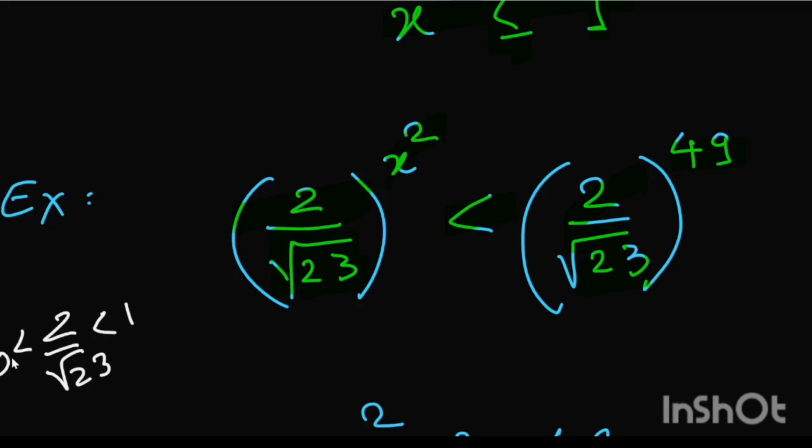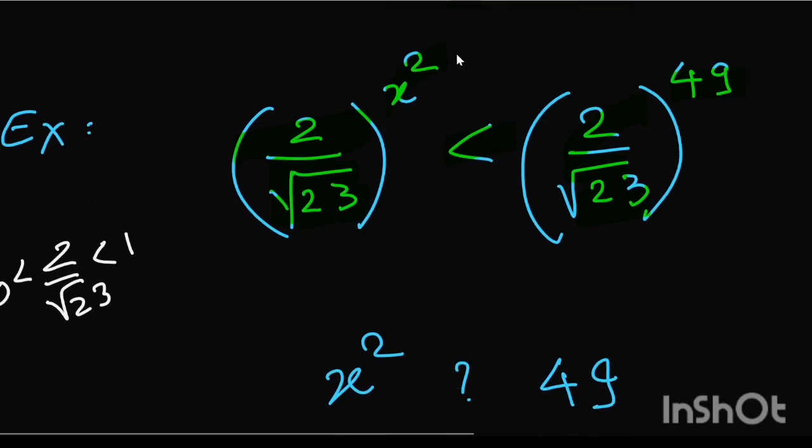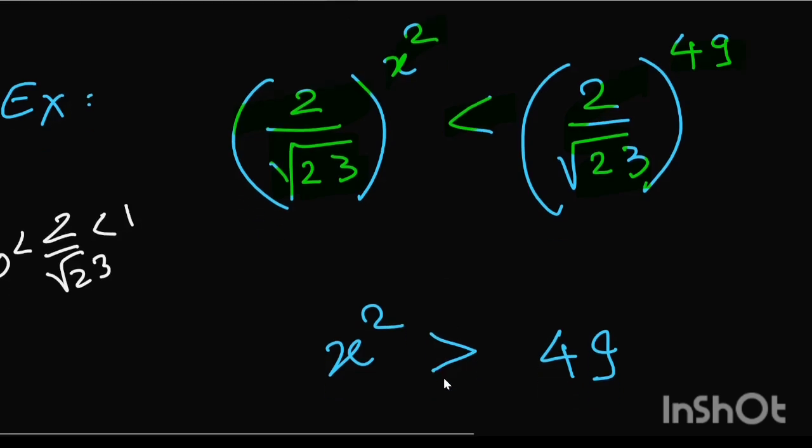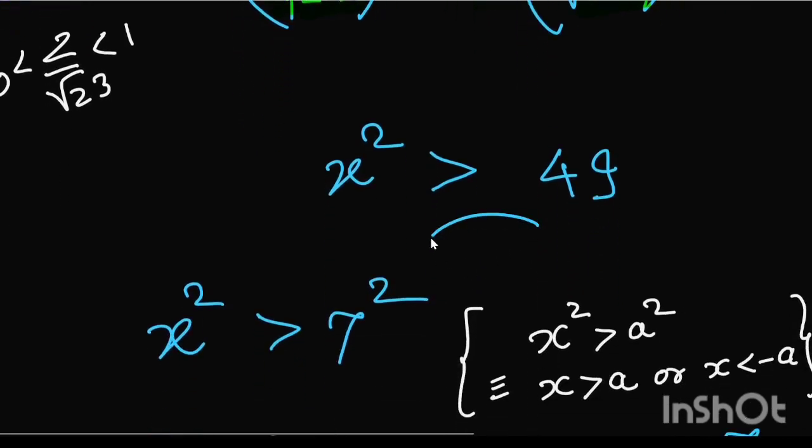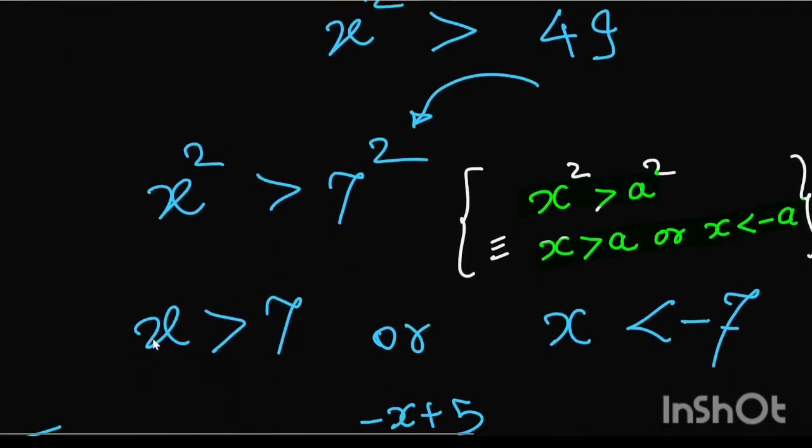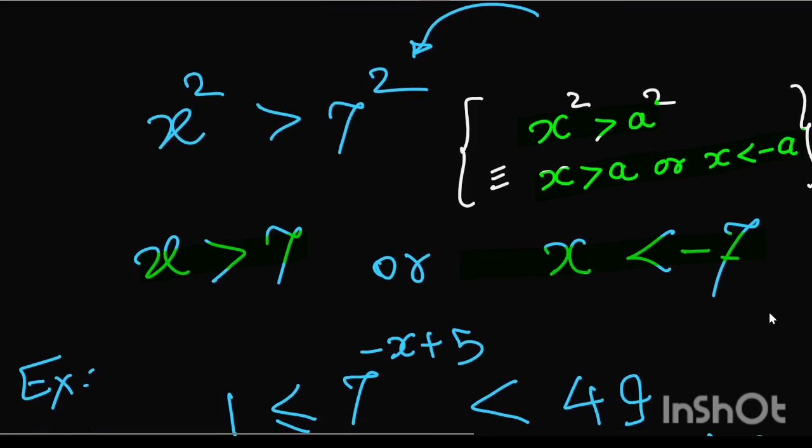So if I remove 2 by root 3, x square and 49 would be connected by the opposite sign: instead of less than, we put greater than. Now 49 is 7 square, and using this formula we write x greater than 7 or x less than minus 7. It can be written in interval form also.